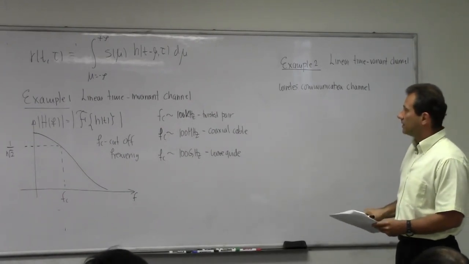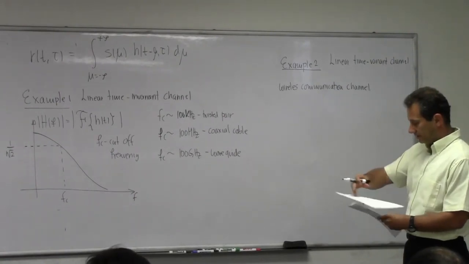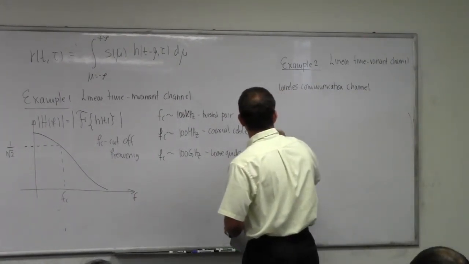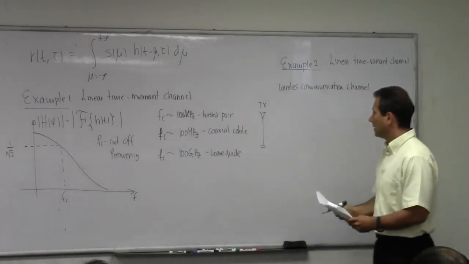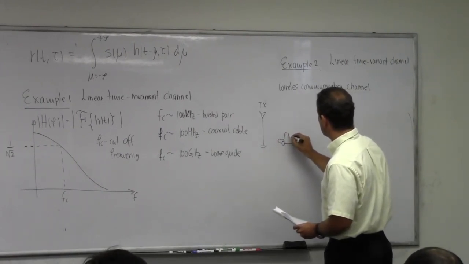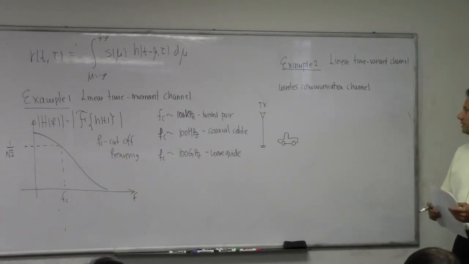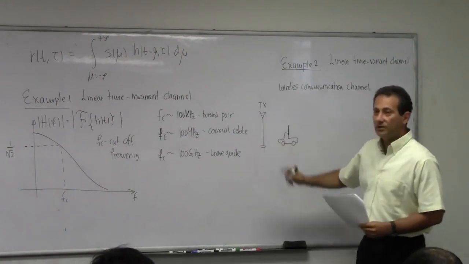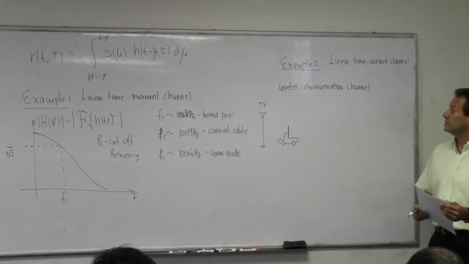So how does the channel look in this particular case? Well, here's what you have. You have your transmitter from which you're going to send your signal, and then you're going to have your receiver, and just to make sure that we understand that there's mobility involved here, there's some vehicle here moving around. Let's say this is a radio broadcast, and this is my car here receiving the signal.